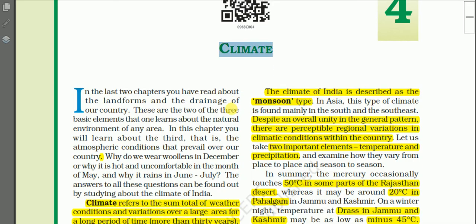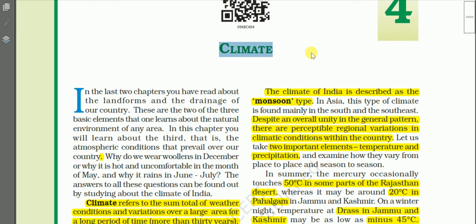In the previous classes, we have learned about landforms and drainage. Drainage means river systems. So these are two of the three basic elements that one learns about the natural environment of any area.